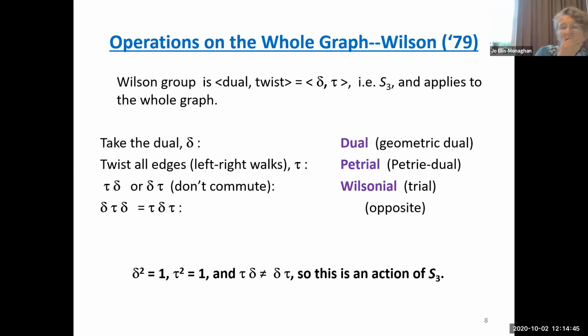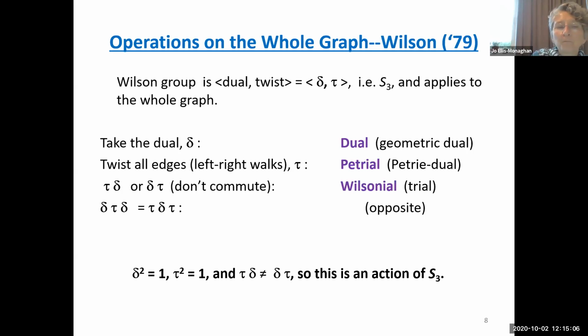All right, back in '79, this is some work of Wilson, and there's something called the Wilson group, which is a group action on the space of embedded graphs. It's the group generated by taking duals and taking twists.